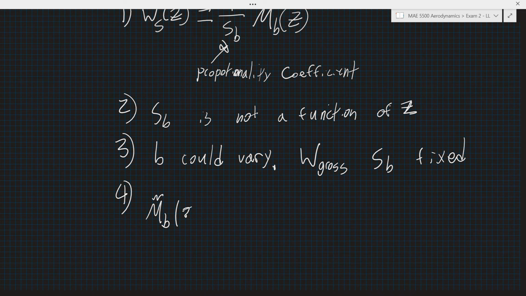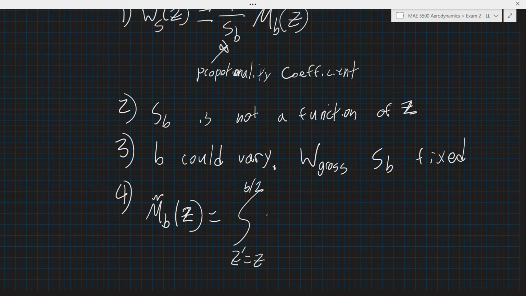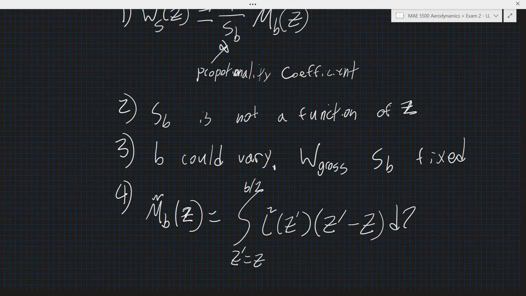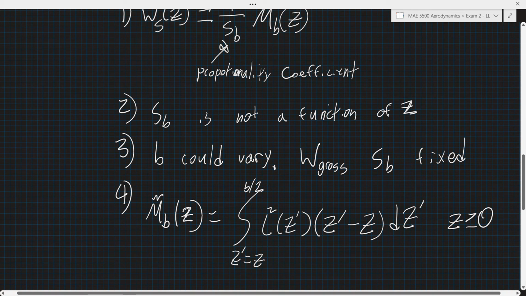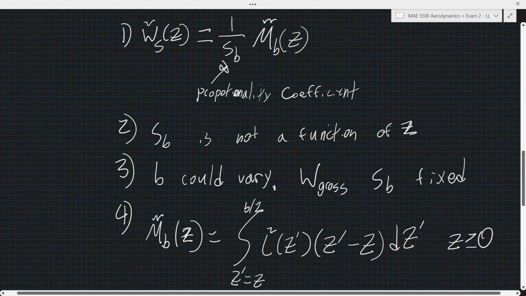So we've got M tilde B of z sub B of z is equal to the integral from z prime equal to z to b over 2 of L tilde of z prime, which is a function of z prime, times z prime minus z dz prime, where z is greater than or equal to 0. So let me move up a little bit just so they're all on the same screen.